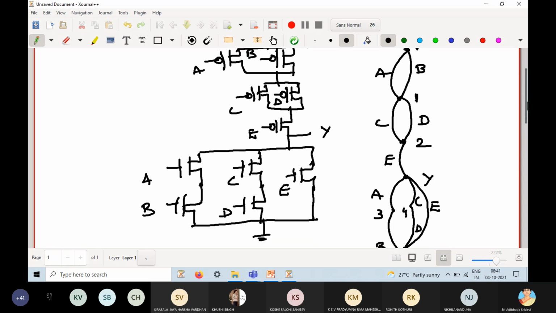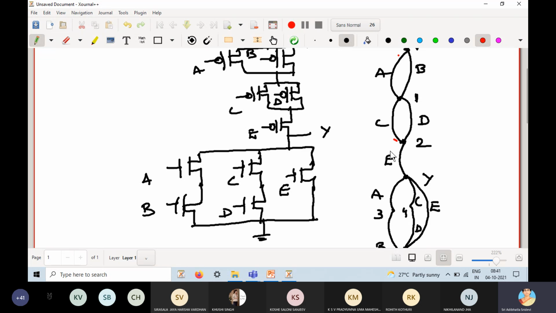Now, let us find out the Euler path. Let us see. For example, if I start from A, C, E, I'm first finding it for the PMOS circuit. A, C, E. Then to traverse D and B, again I should go through E only, correct?